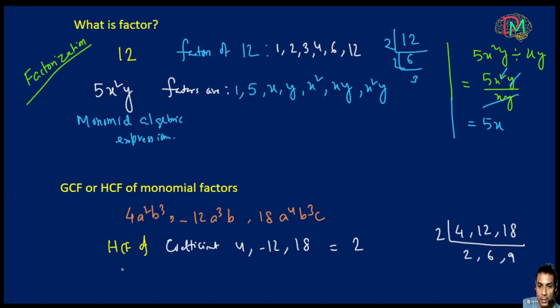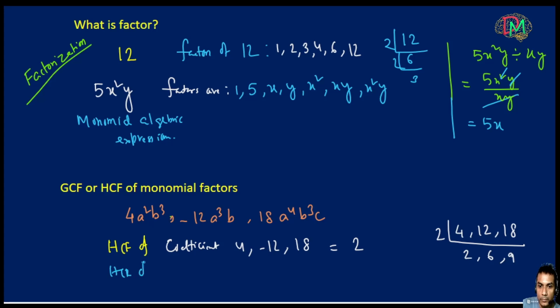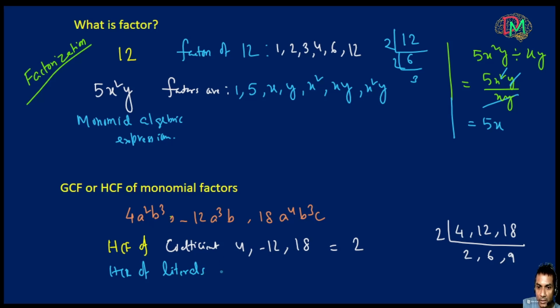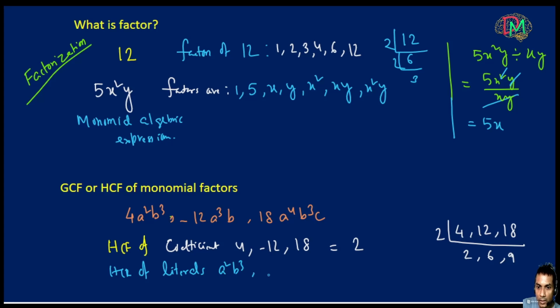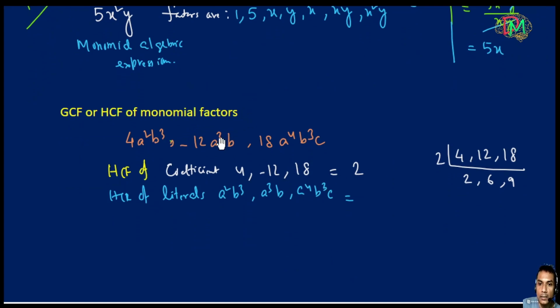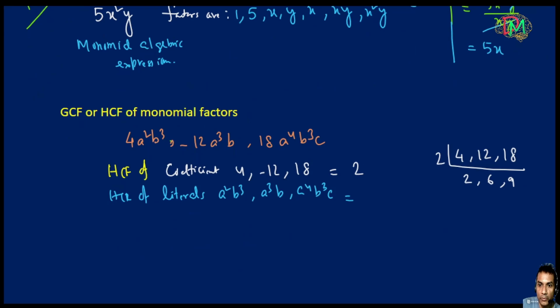Now the HCF of the literals of the given expression, the literals a square b cube, a cube b and a to the power 4 b cube c, is equal to how much? Here we consider the common factor of the three expressions. What are those common factors?